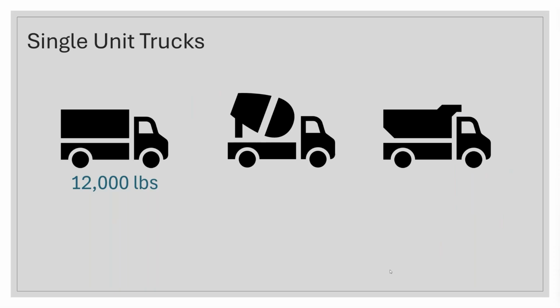In the same category of truck, though, we might see a concrete truck. That can be 60, 65,000 pounds, quite a bit different from the potato chip truck. And then maybe we've got big dump trucks that are hauling multiple tons, 20, 25 tons of material, plus the weight of the vehicle itself. So you can see here that we get a large range of vehicle weights.